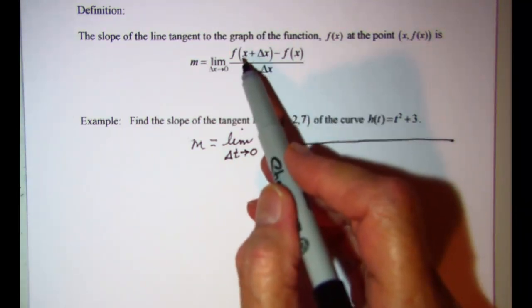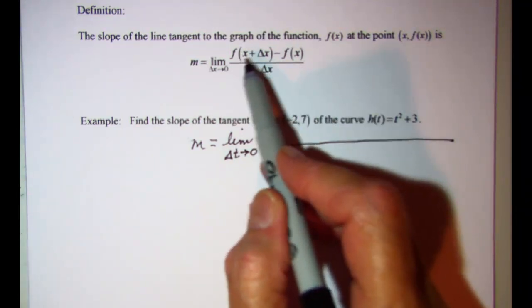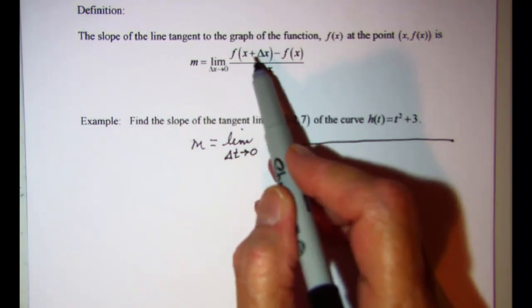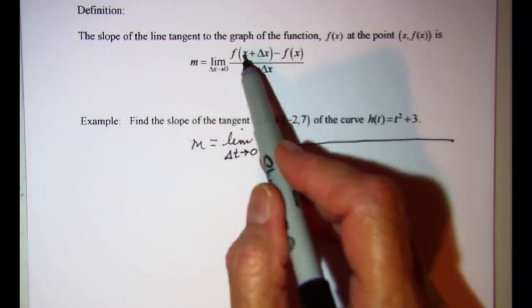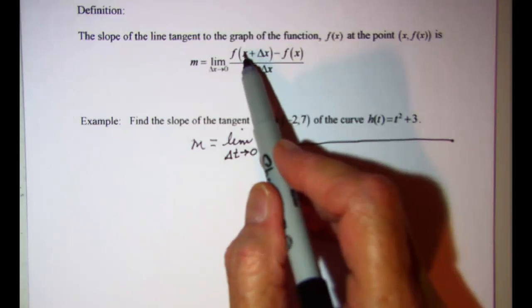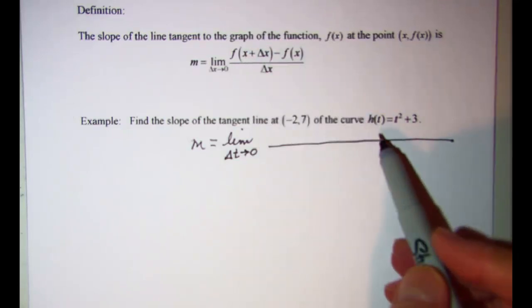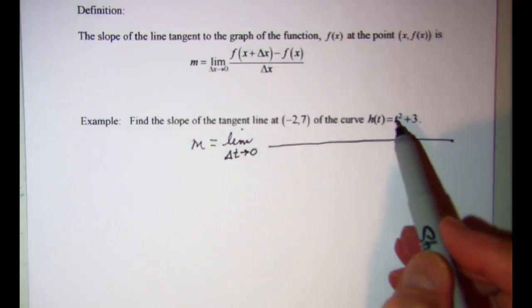Whenever we're asked to find f of x plus delta x, what this means is we're just going to take this binomial and plug it into the function in place of the single x, or in our case t.